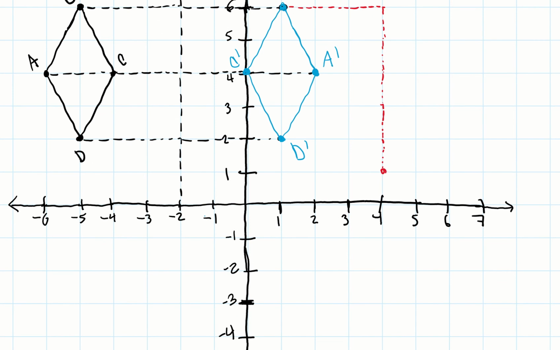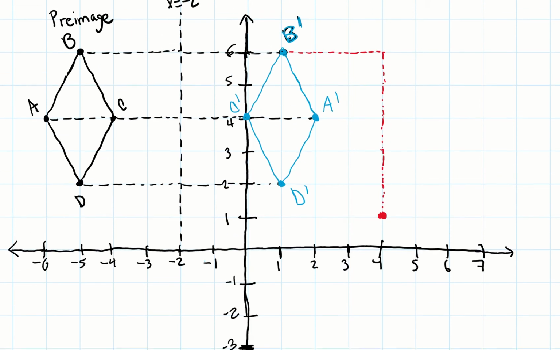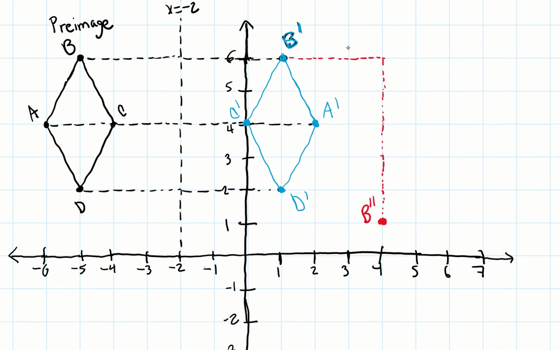So here, that's going to be B double prime. Repeat that for the rest of the points. So that's 1, 2, 3, and 1, 2, 3, 4, 5.